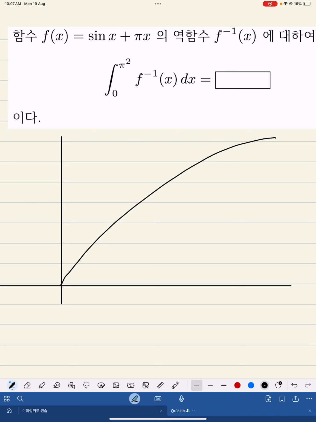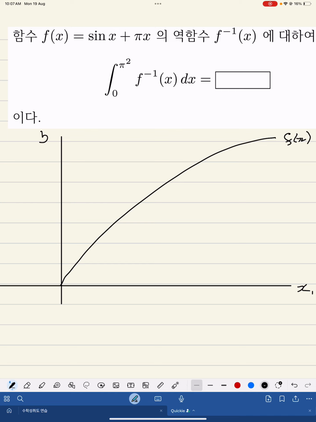And this is f(x). I don't really care about the exact shape of the graph itself, more of how we're going to approach the question.